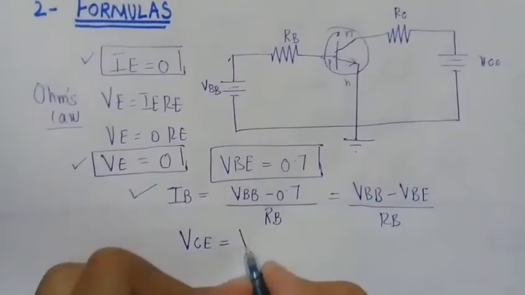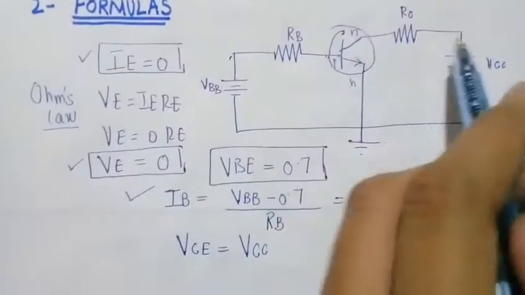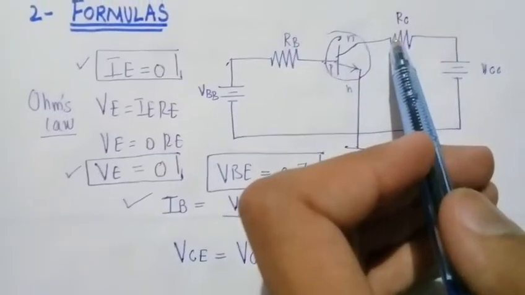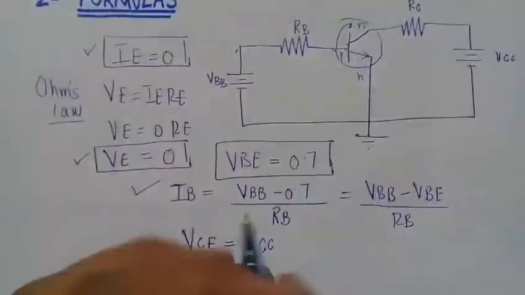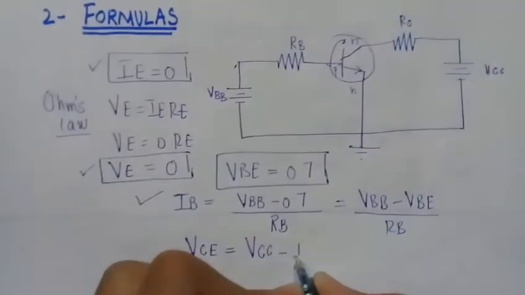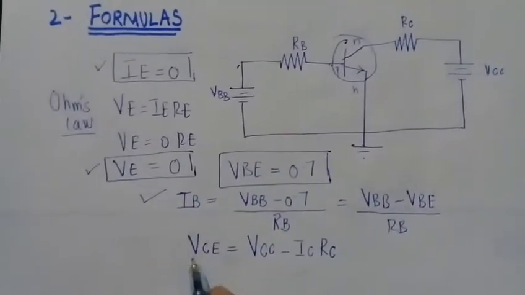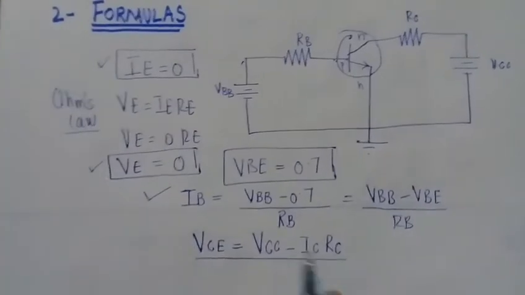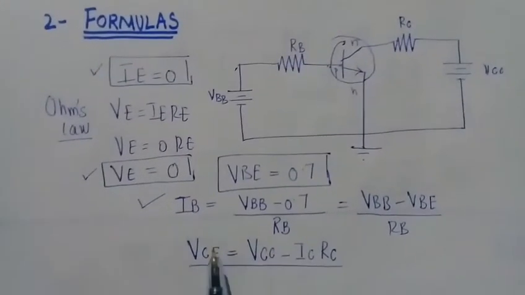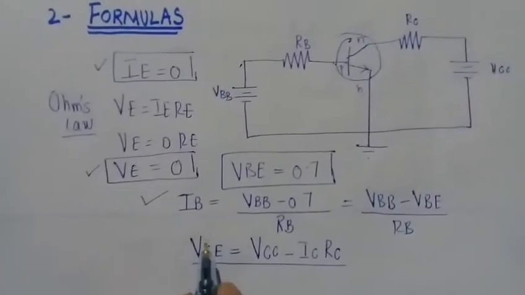VCE will be equal to VCC. This battery will be the supply voltage to this resistance, so there is a drop over this resistance: VCC minus IC into RC. So our VCE will be equal to VCC minus IC into RC, and this will be the junction formula.